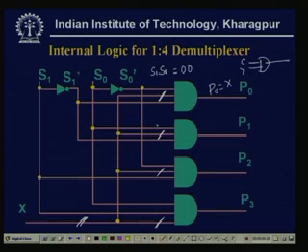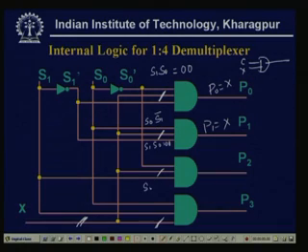Now, in this case the inputs are S0 and S1 bar. If I put S1 S0 as 0 1, then P1 will equal x, because these are 1.